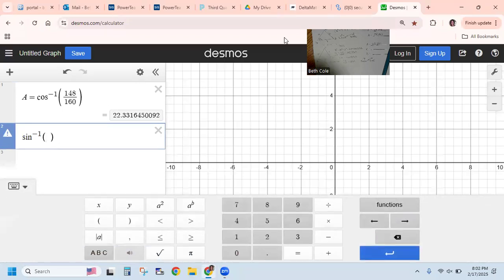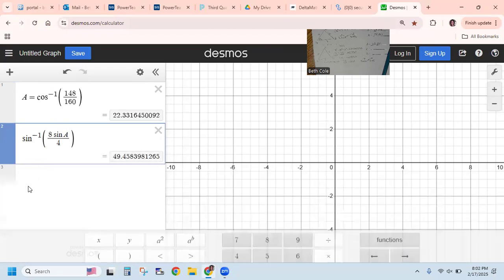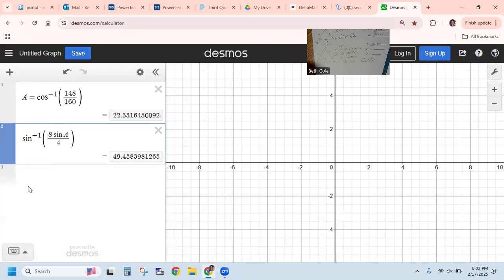So sine inverse, and then it is going to be 8 sine of angle A divided by, oh, whoops, I don't want the whole thing. Divided by 4. And so we get 49.458.